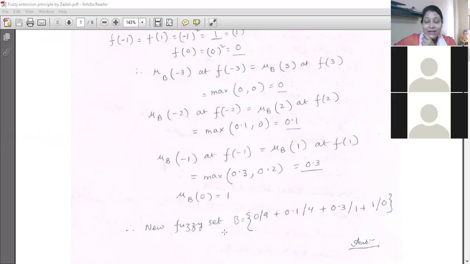By creating those points, at x equal to 3, suppose we have found the membership value 0.3, so we can mark that point.